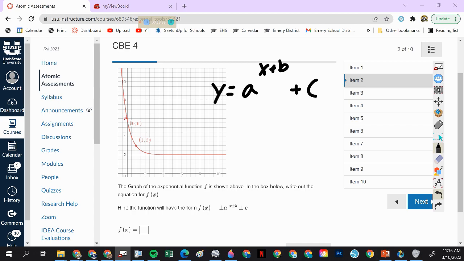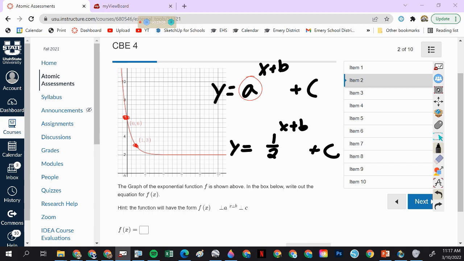So how did we get from day 0 to day 1? We cut it by half. So we know that this is 1/2. Positive 1/2. So y equals 1/2 to the x plus b plus c.